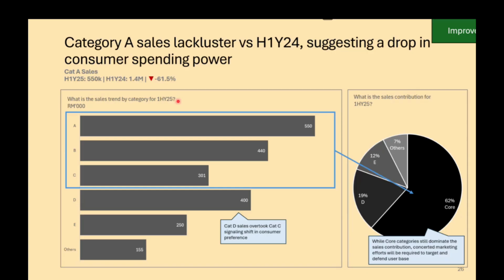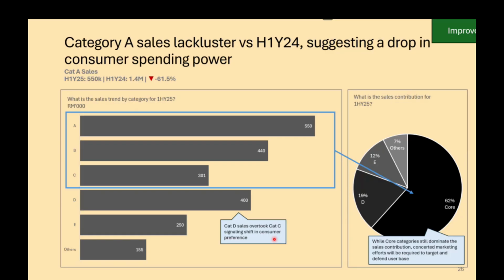Okay. And then what else do I have here? I explained that sales in category D overtook category C. So they had read my mind. I am not providing the reason why category C has reduced, but here I am explaining that category D had overtaken category C. That might signal a shift in consumer preference.